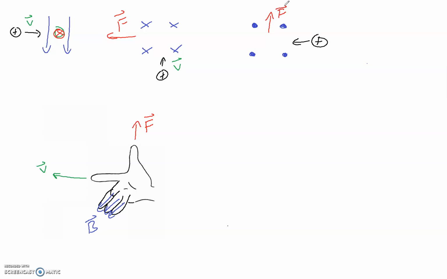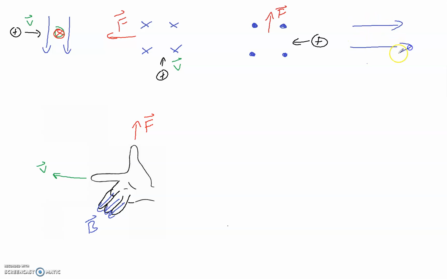All right. Okay, let's try one more. And again, this takes practice and experience, and once you get it, it's not the hardest thing. You just got to get used to it a little bit. All right, so let's try this one. Let's say that our magnetic field is going to the right.